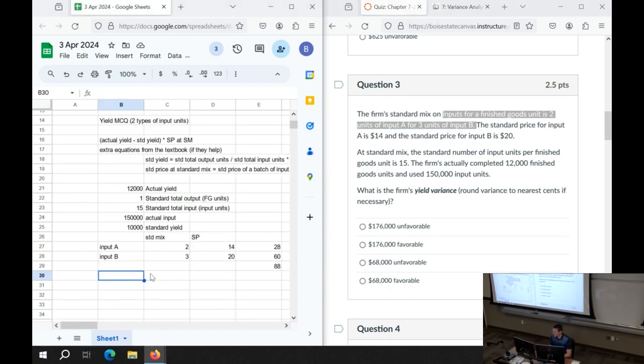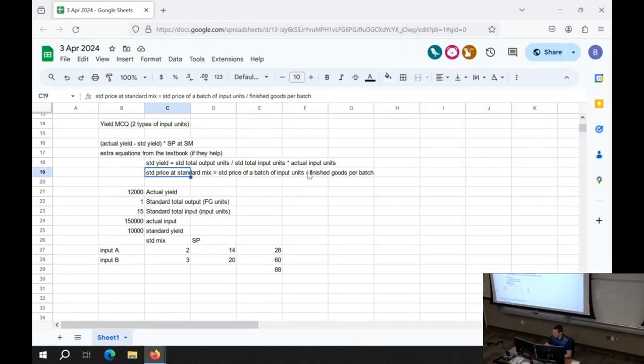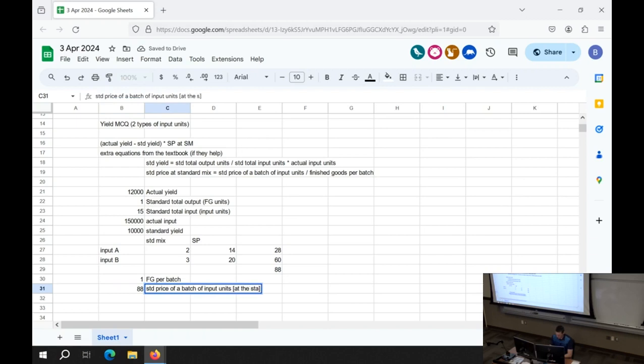So I can follow, I'll expand this here. Like I said, it's really easy because finished goods per batch is 1 FG per batch. And 88 here is the standard price of a batch of input units, meaning specifically at the standard mix.